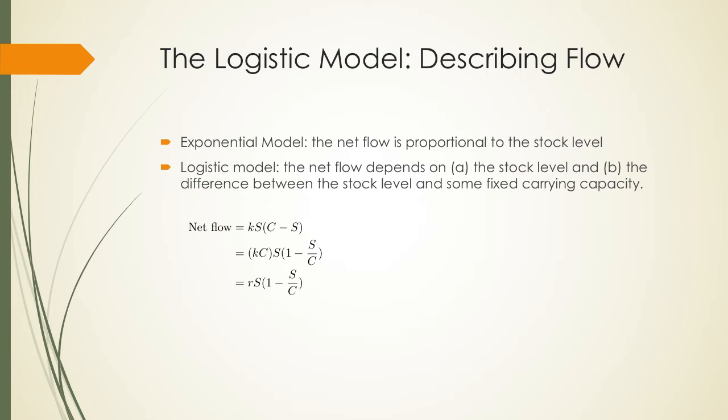This formula often gets rewritten in the following way. Notice that I factored out C to go from the first line to the second line. Then, in the third line, I renamed Kc as R. This R value is similar to the rate constant we used for exponential models.